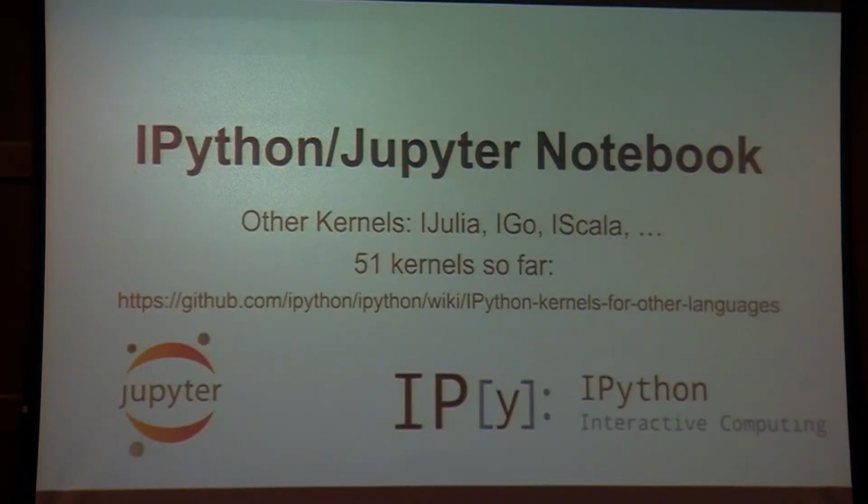The Jupyter notebook can still be used with ipython, just by specifying the ipython kernel. But there are many more kernels that you can use. These are just 3 of them, but if you go on this link, yesterday I checked, there are 51 other kernels you can use.